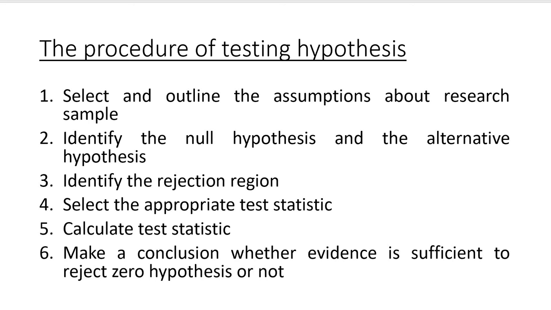Then, based on your research objectives, you identify the null hypothesis and the alternative hypothesis. You have to identify the rejection region. So this is something related to the level of confidence, and we will get back to this in the next video. You have to select the appropriate test statistic, calculate test statistic, and finally, based on this, you have to make a conclusion whether evidence is sufficient to reject the null hypothesis or not.